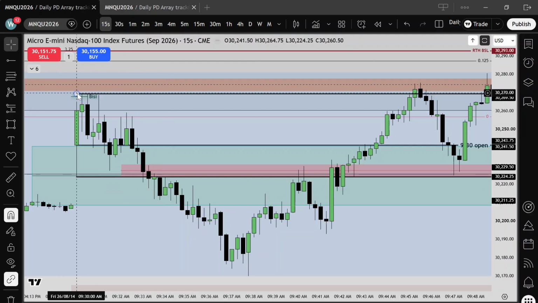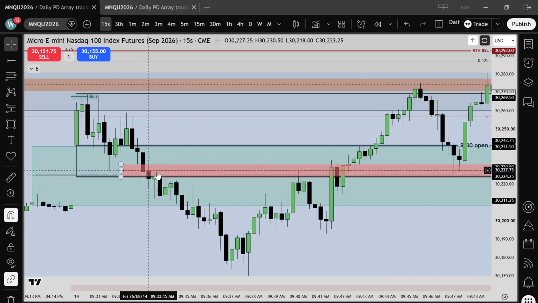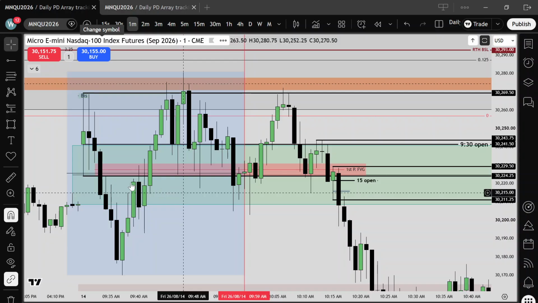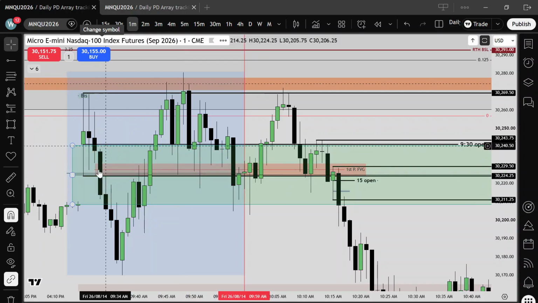Keep in mind, this black line and this black line are the high and low of the first 1 minute candle. This is the opening price. So we've gone up, manipulated, traded closed below the low of the opening of this first candle, and created a gap, because our first presented fair value gap is in the fourth candle.